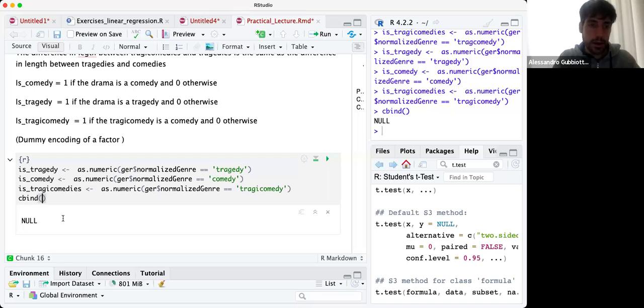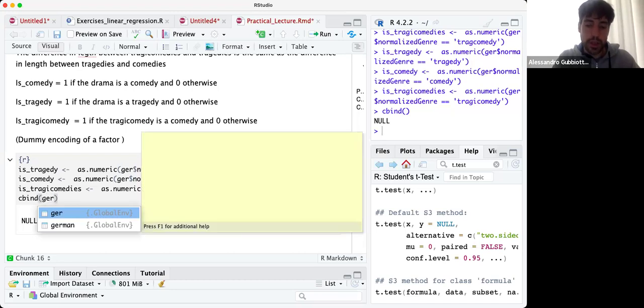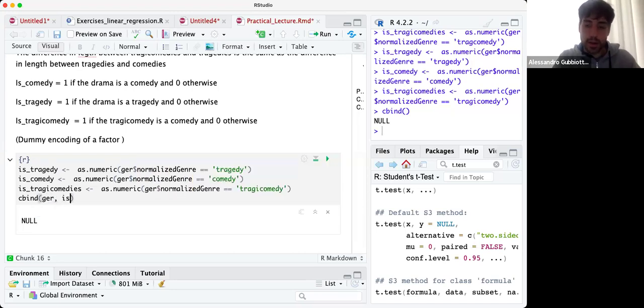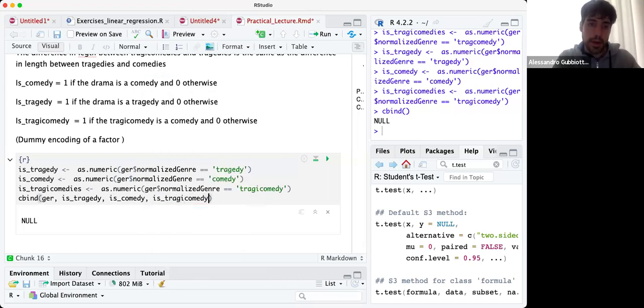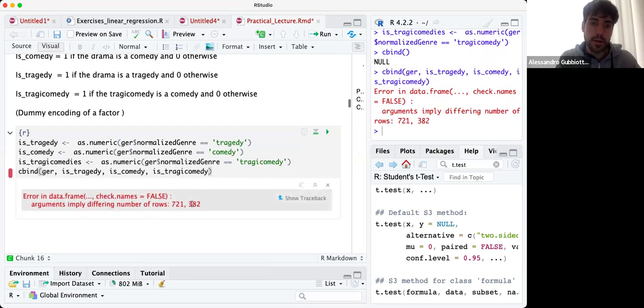Cbind the corpus ger and is tragedy, is comedy, and is tragicomedy. And we can see that we created different numbers of those.